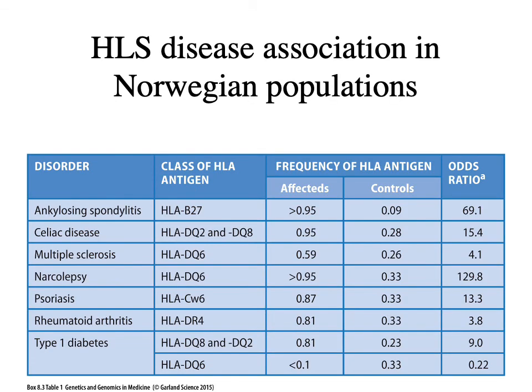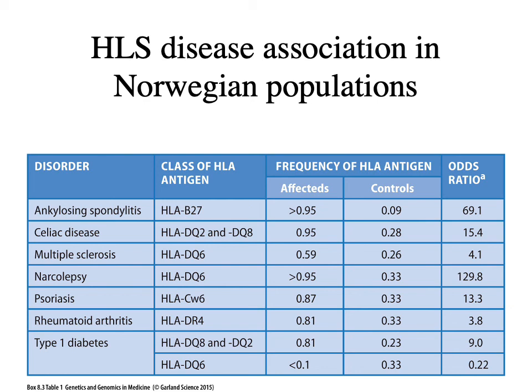This slide presents examples of HLA-associated disease in Norwegian populations. All except one of the associations shown here show an odds ratio greater than 1, which indicates disease risk.